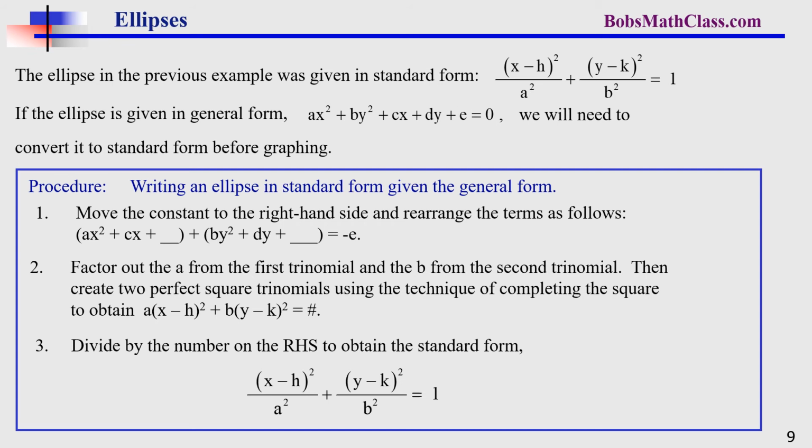And then we're going to make perfect square trinomials. Last time we didn't really have to factor out the a and b, but this time we will. And then we'll divide to get a 1 on the right-hand side. Okay, so make sure you pause the video, write down those notes, and then we'll move on.